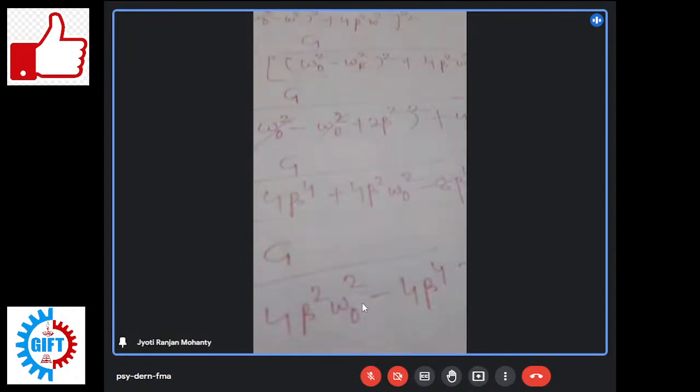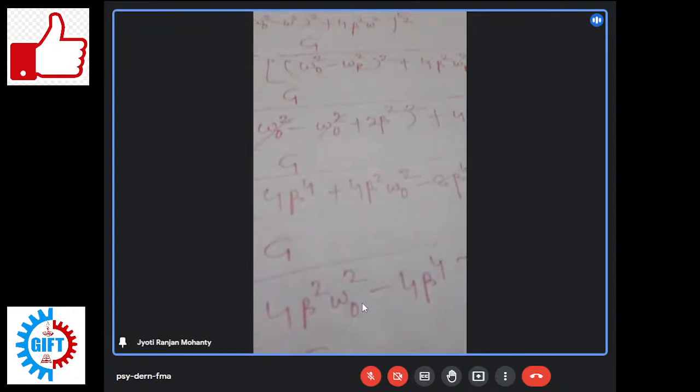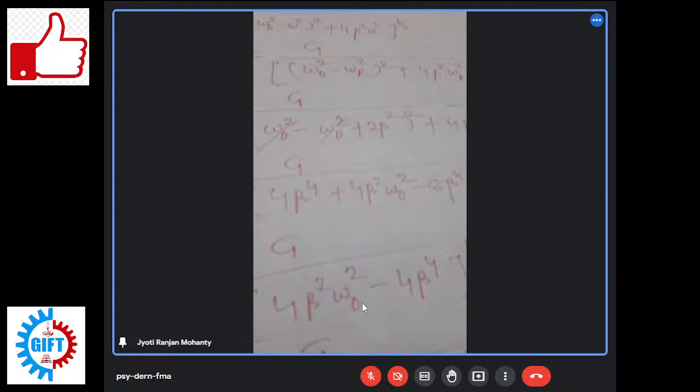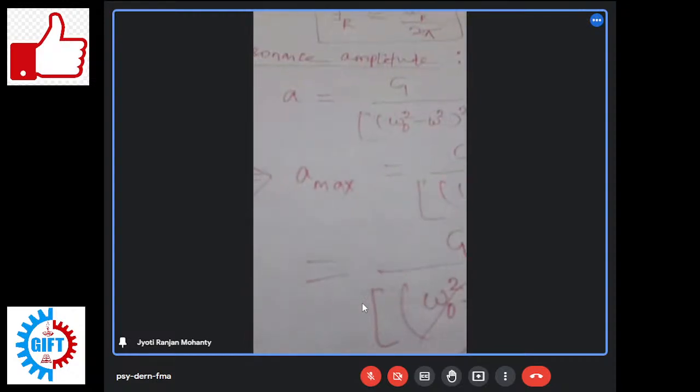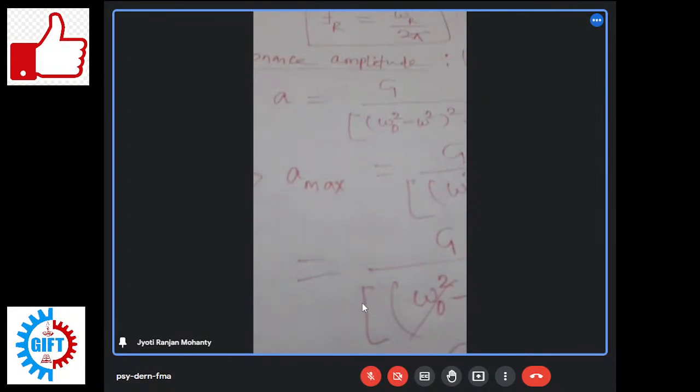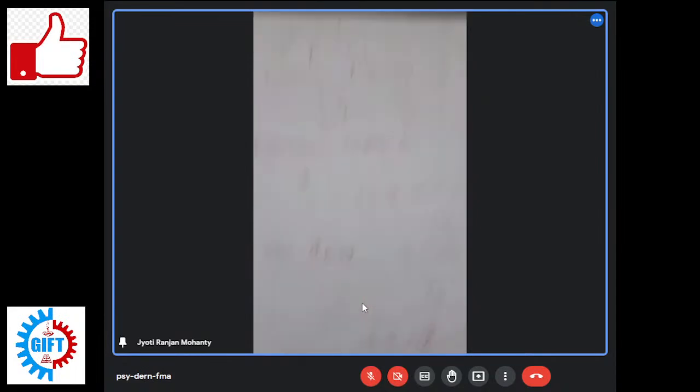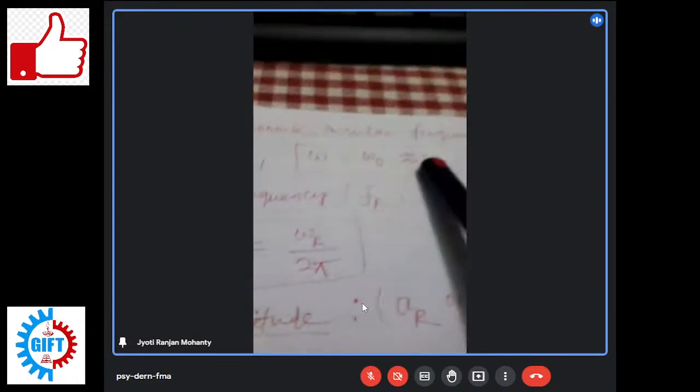What will happen when beta tends to 0? Omega is equal to omega naught, which is equal to omega r.